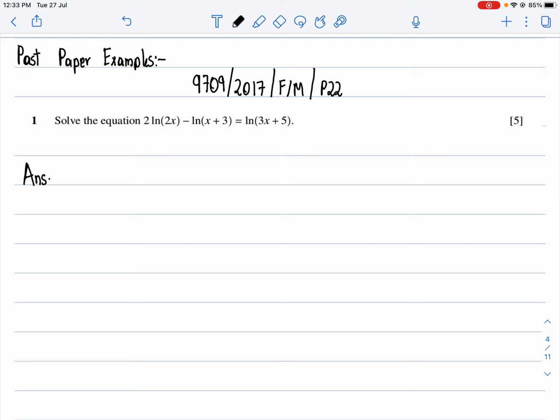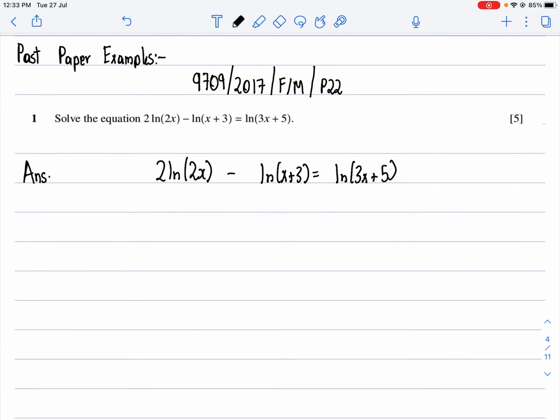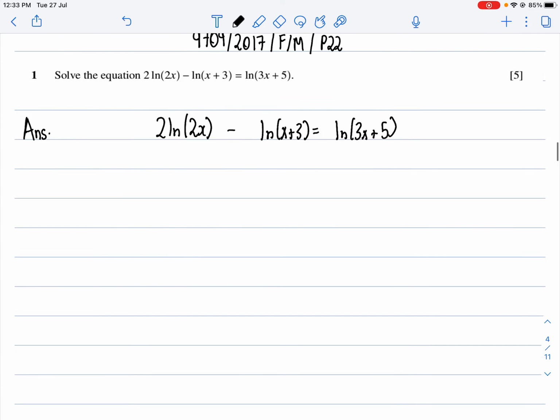Correct? So the first example we have is from 2017, Feb March paper 22. Okay, so I'll write the question down so that we are 100% sure. So I have 2 ln 2x minus ln x plus 3, which is equal to ln 3x plus 5. And we need to solve this equation and get the value for x.